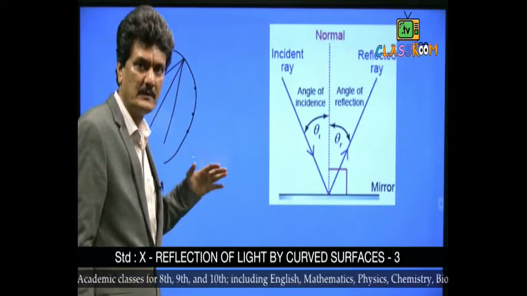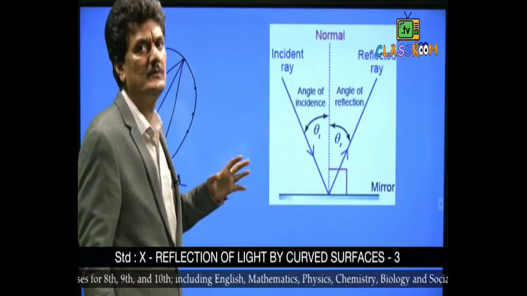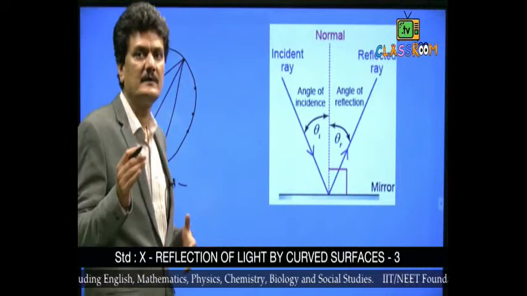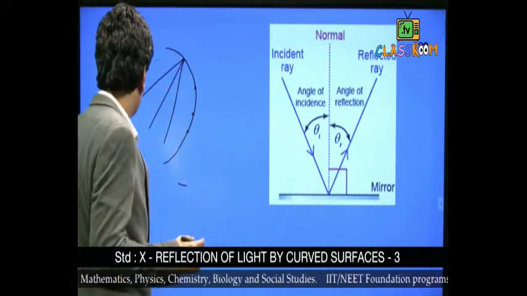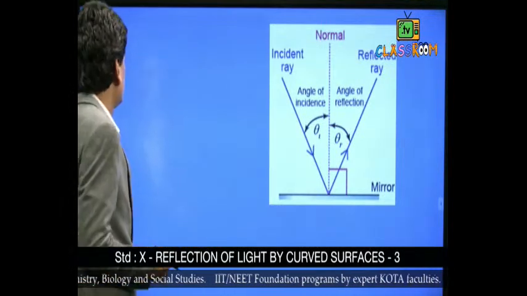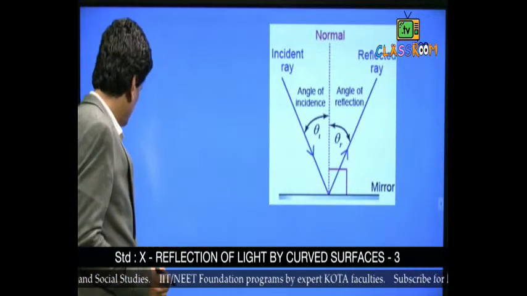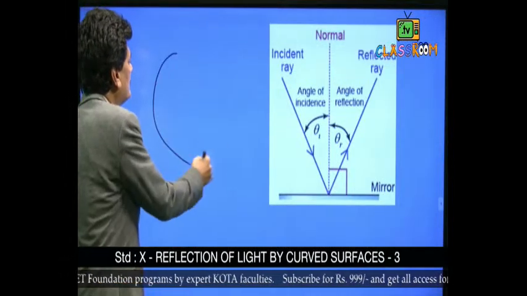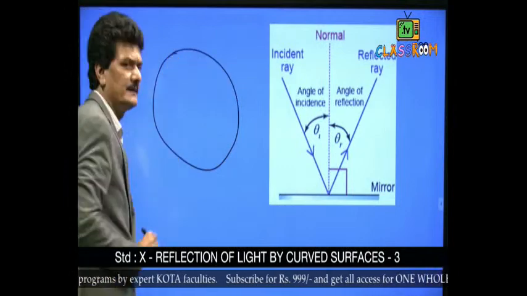So here we will make use again of the geometry of the sphere. This curved mirror is a part of the sphere, and you know that a sphere on a paper is represented by a circle. So when you want to represent a sphere, you will draw a circle.